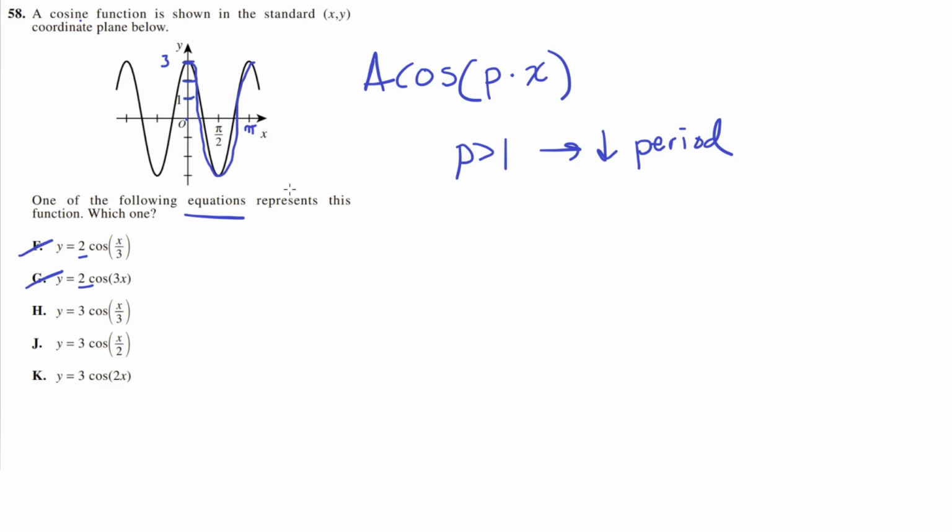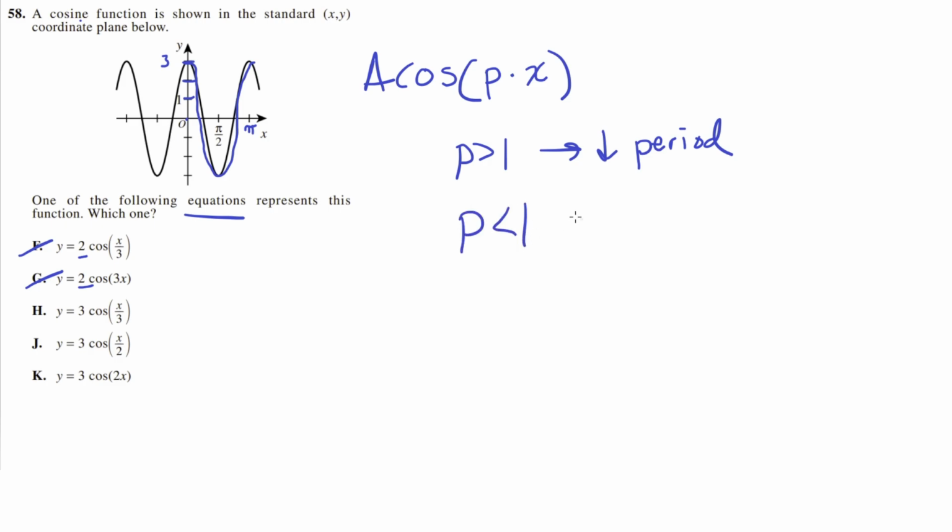It would be pushed farther apart. Or sorry, when we decrease the period, the graph would be smushed together. The gaps between the lines would become smaller, the wavelengths would be much smaller, and the frequency of the graph would be larger.